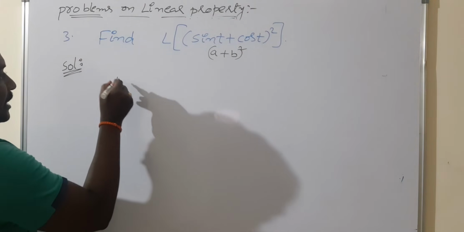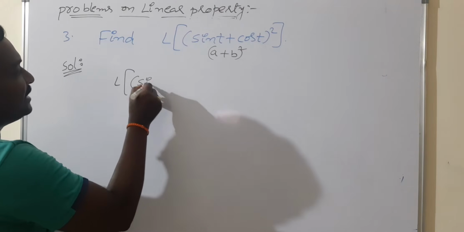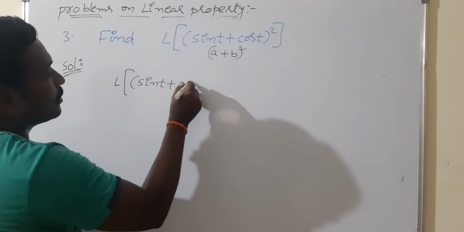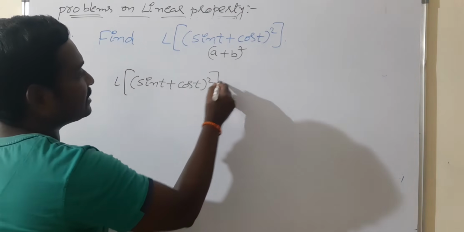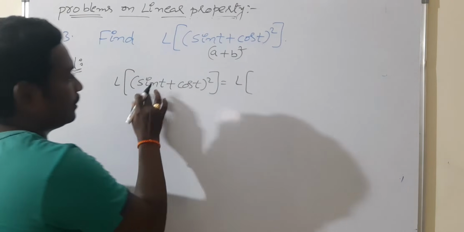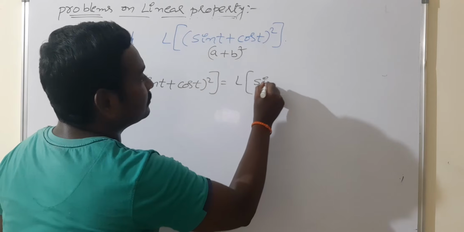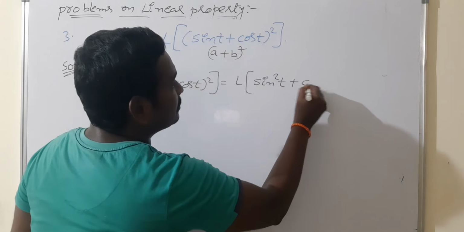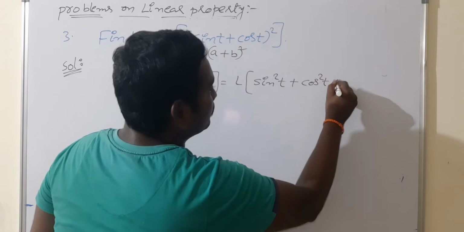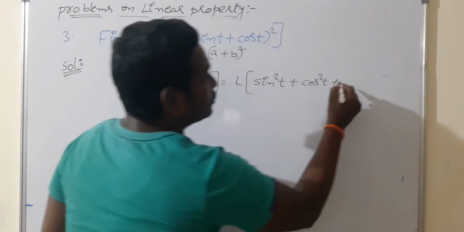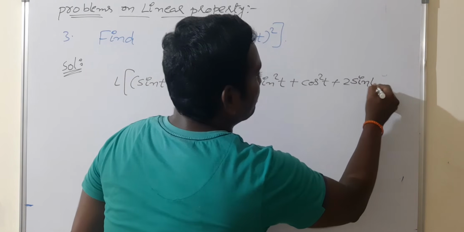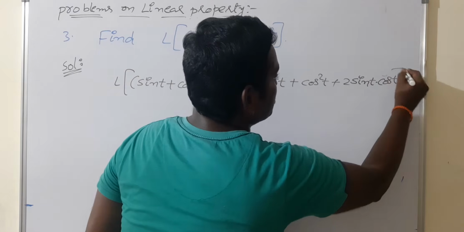Okay, so L of (sin t plus cos t) whole square is equal to L of, by using the (a plus b) whole square formula, a square, which is sin square t, plus cos square t, plus 2ab, 2 sin t cos t.